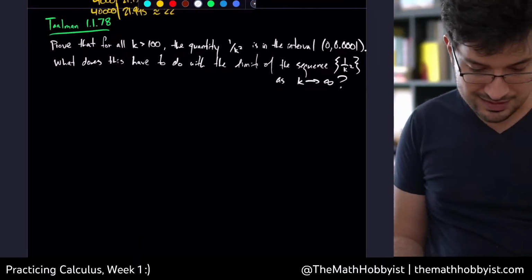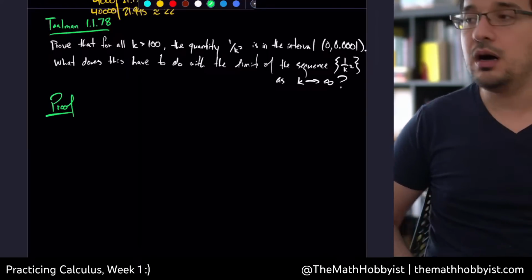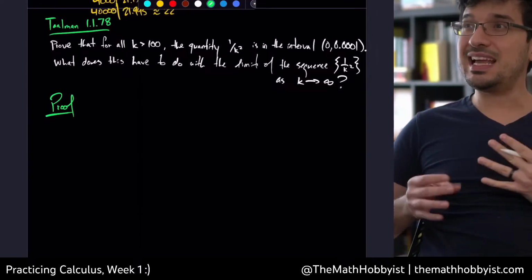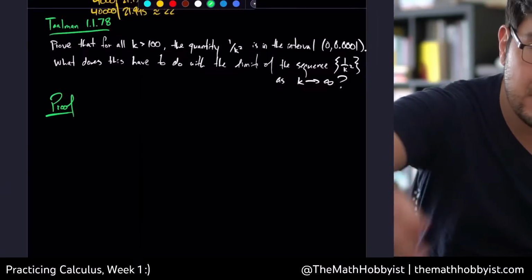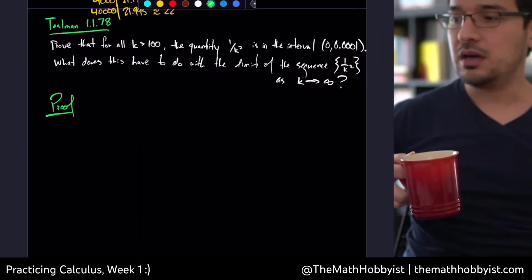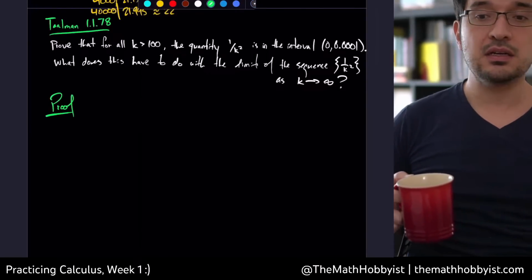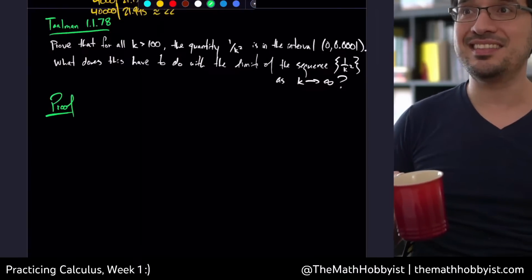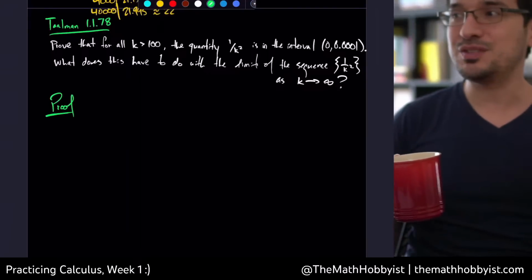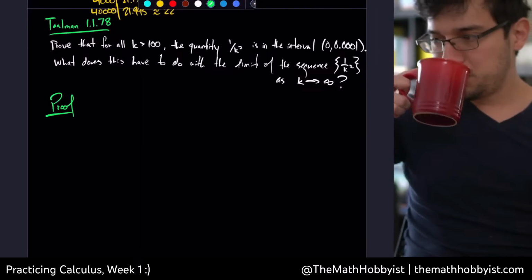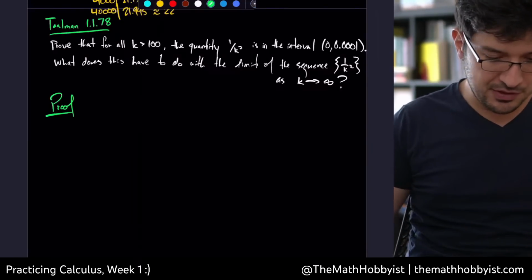So this is an example of how I think Taalman's book is really beautiful, because here she's hinting at the idea of how you can find limits of sequences, not just functions. And we saw yesterday that in other books you define the limit of a function based on the limit of sequences. So she just kind of sneaks it in there in the exercises, which is great. I think this is the first time she mentions the limit of a sequence.